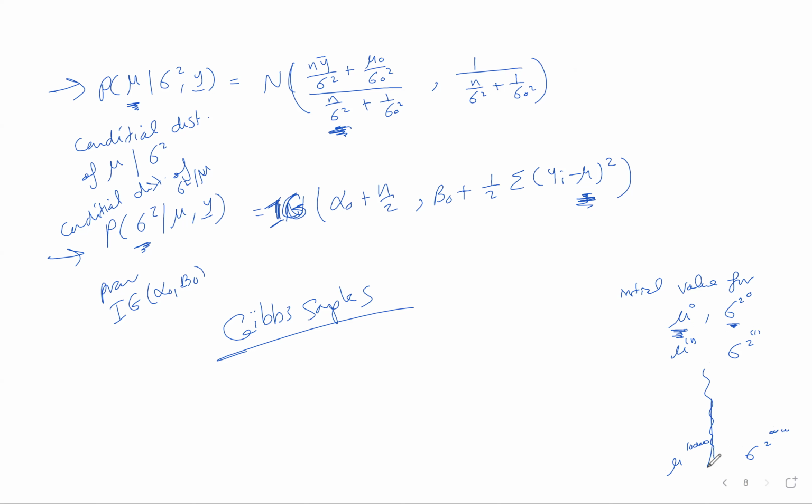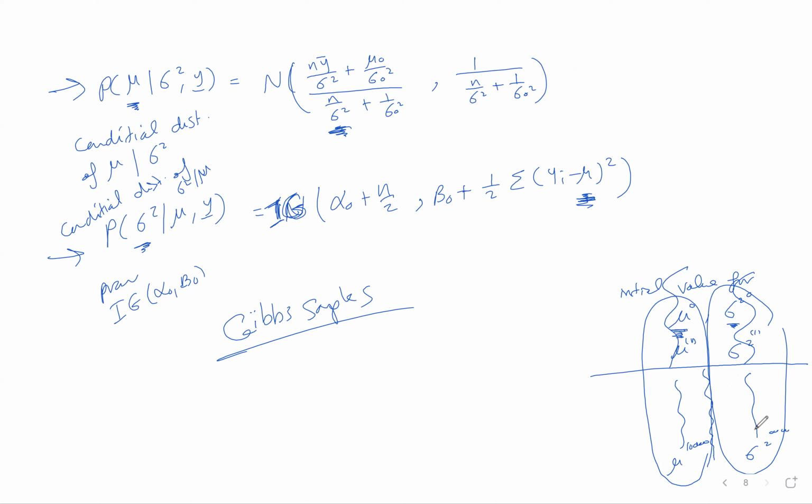So now you have a random sample. These two samples are randomly selected from the conditional distributions, or the marginal posterior distribution. There are some proofs and theorems. They say that after a few values, if you ignore these values, the rest will be random samples from the marginal posterior distribution of mu given the data, not given sigma square and data.